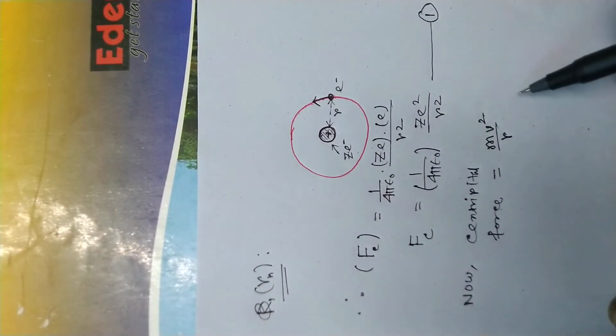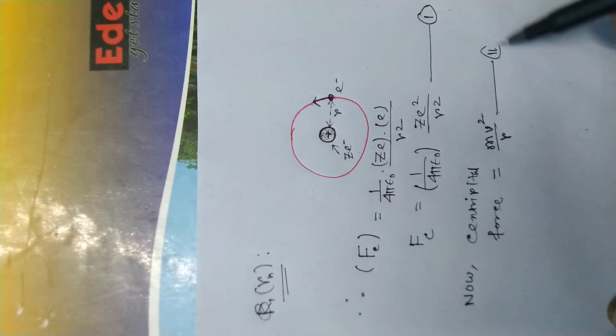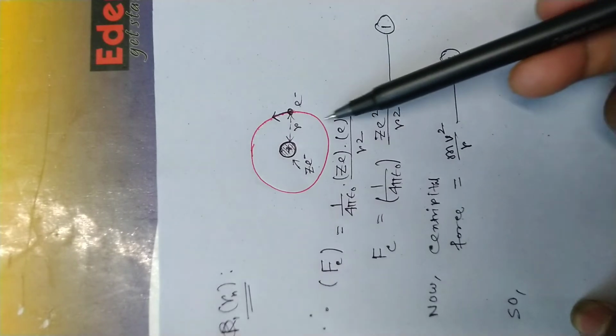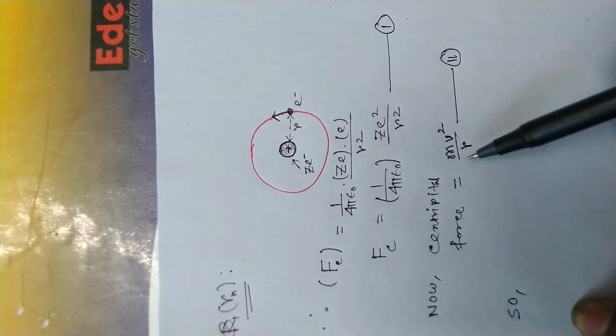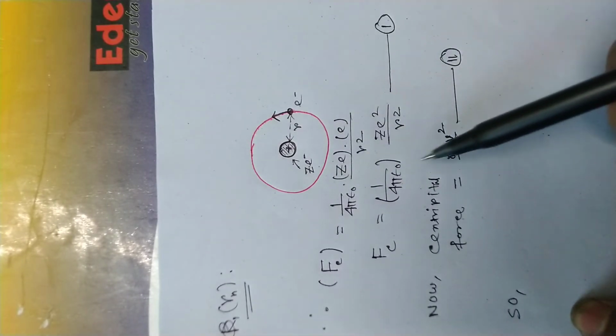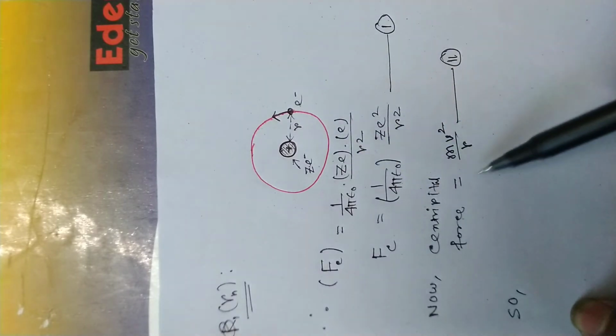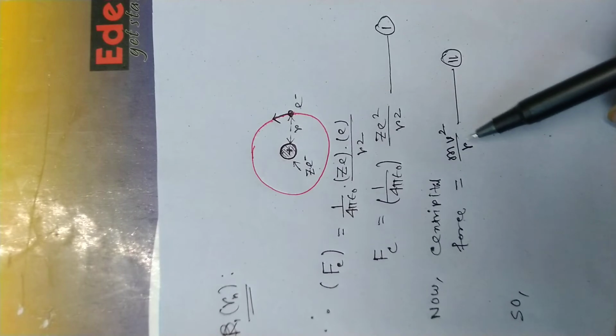During this circular motion, the Coulomb force of attraction between the nucleus and electron provides this centripetal force. This is a very important concept.